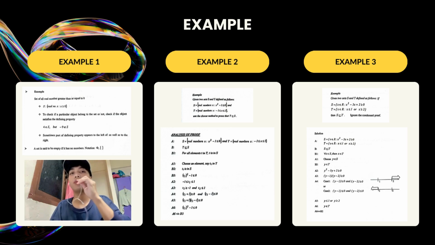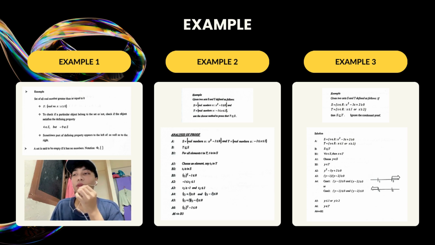Okay, now let's go to the examples. Example 1. The set of all real numbers greater than or equal to 0 is denoted as the set of real numbers x with x greater than or equal to 0.